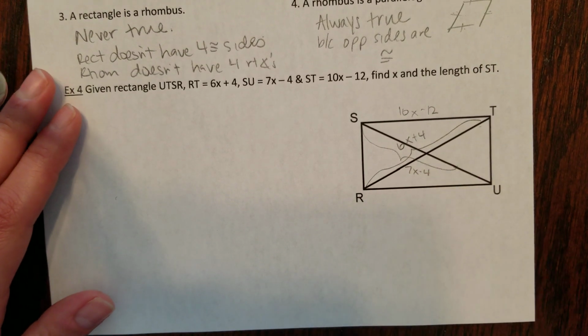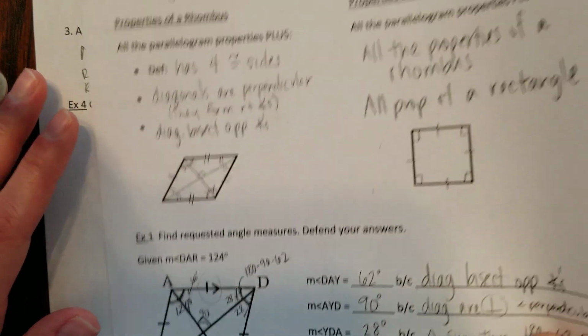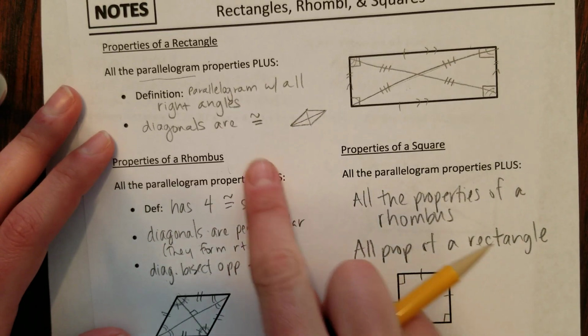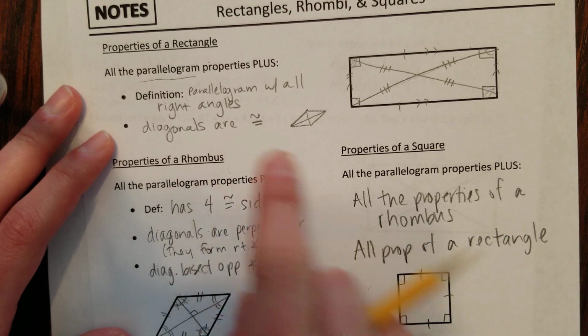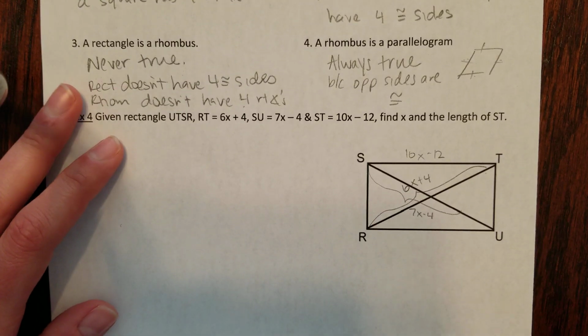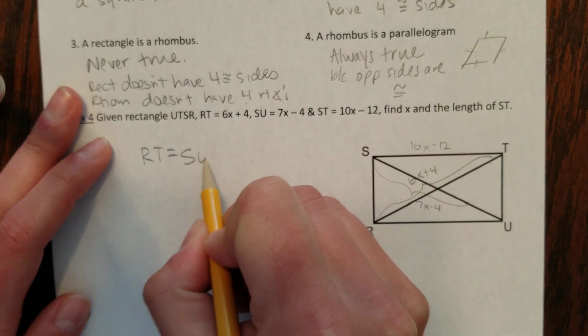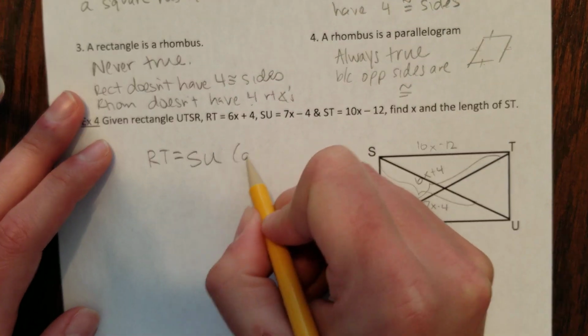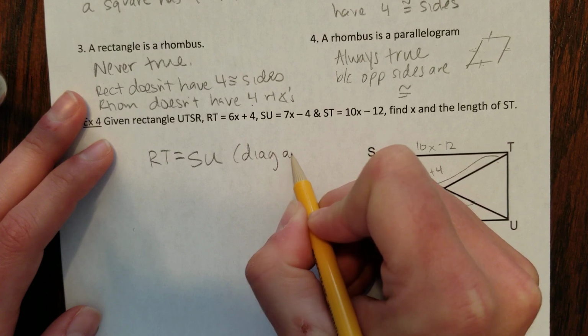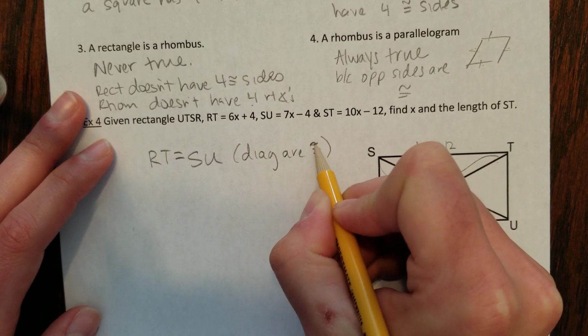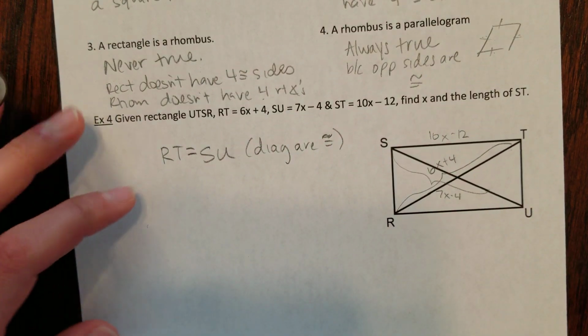We do know, let me get my properties back in front of me, that a rectangle has congruent diagonals. So that means in this picture, RT would be equal to SU because those are both my diagonals. Diagonals are congruent. Okay, so then if that's true, we can just plug in what we know.